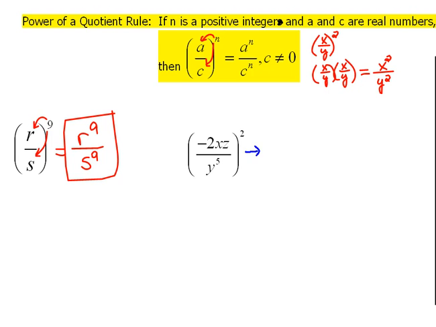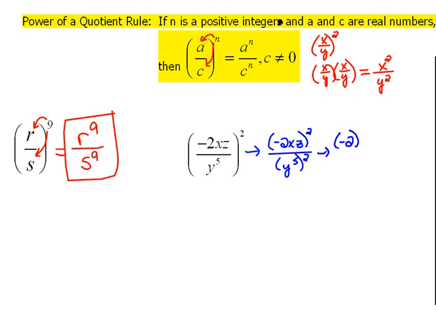So if I were going to simplify this, the numerator gets the power, and also the denominator gets the power. Now, this numerator here is actually a product, 3 things being multiplied together, or 3 factors. So each one of those gets the power also.